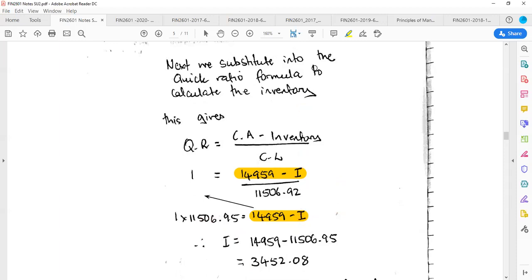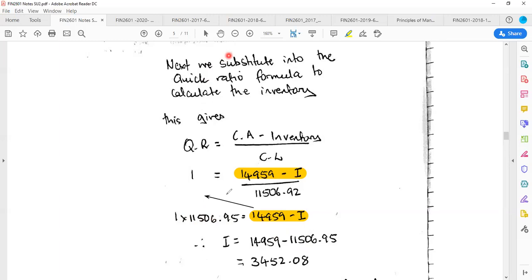It's a bit of maths, but in the exam I'm sure it won't be this bad, so don't be alarmed. The idea here is that we want to group like terms to leave the inventory by itself. So we take this inventory to the other side, and it becomes positive. Then we take this 11,506 to the other side, and it becomes negative because it was positive on this side.